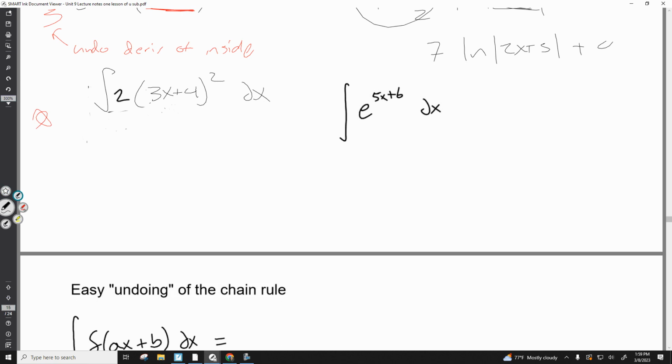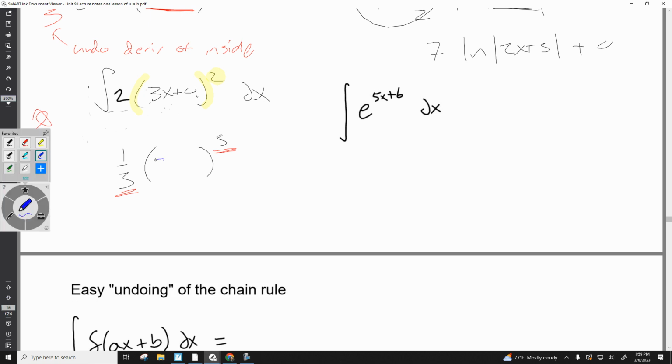We focus on the chain. We take the antiderivative of the outside. I need a 1/3 from the 3. So this 1/3 comes from this 3. What starts on the inside stays on the inside, so the 3x + 4 stays there.